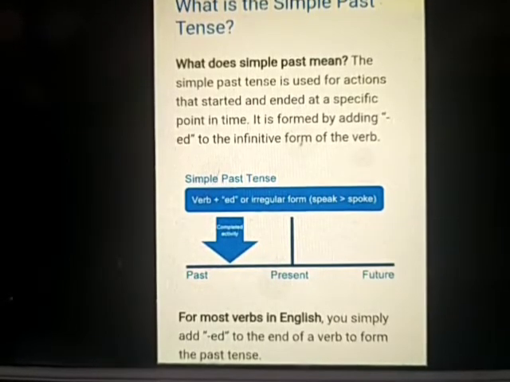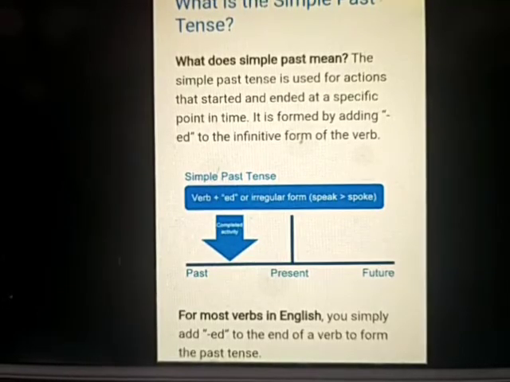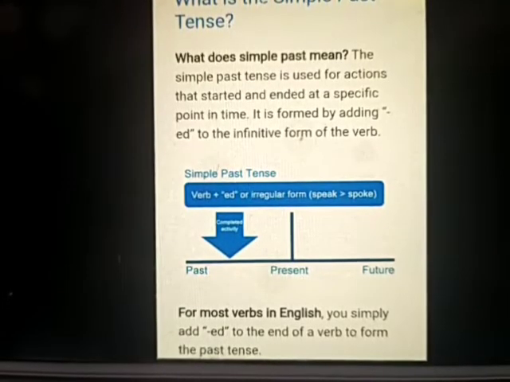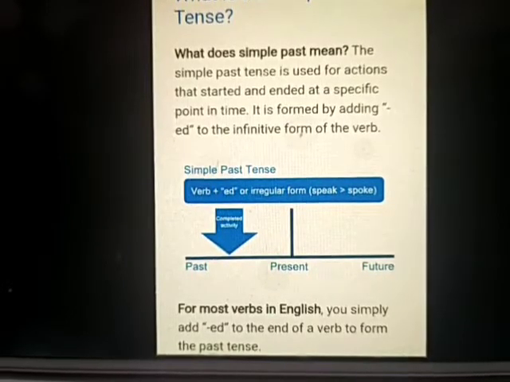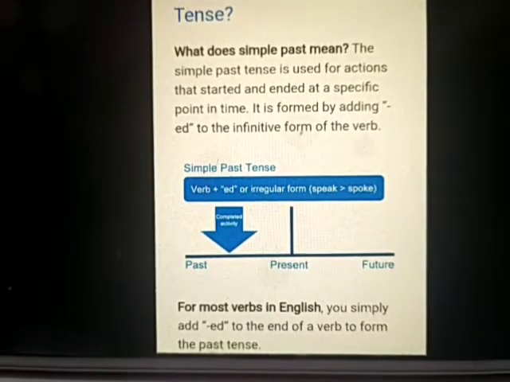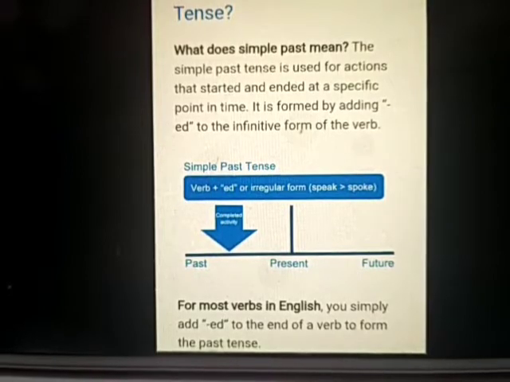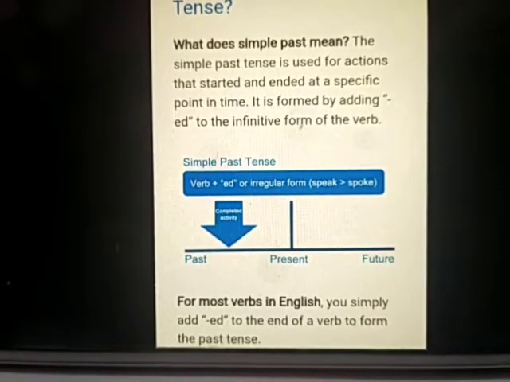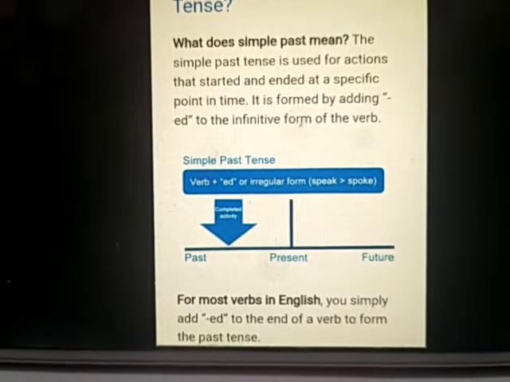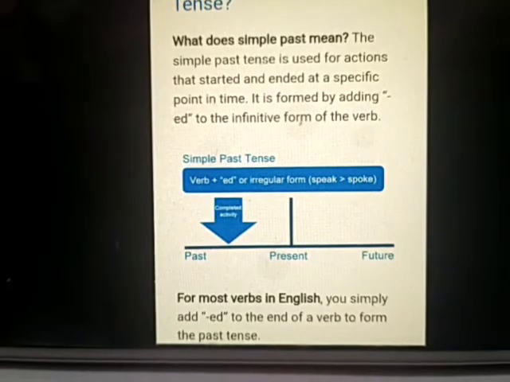It is formed by adding ed to the infinitive form of the verb. One example is given here. Simple past tense. For most verbs in English, you simply add ed to the end of a verb to form the past tense.